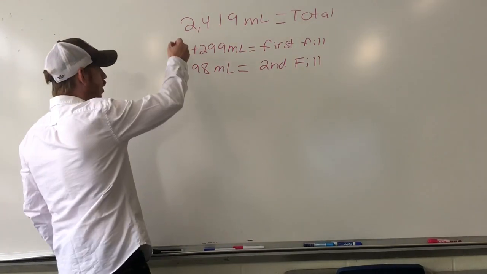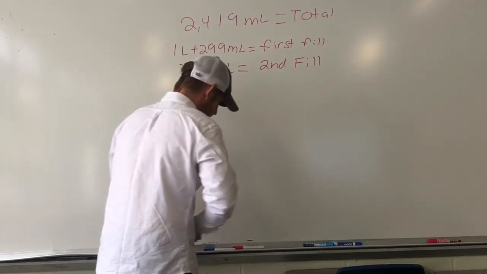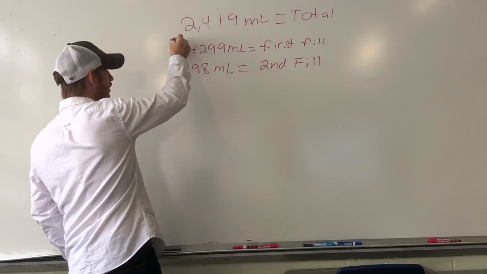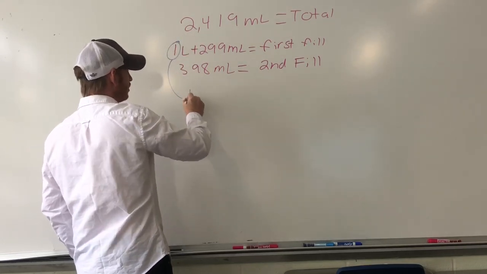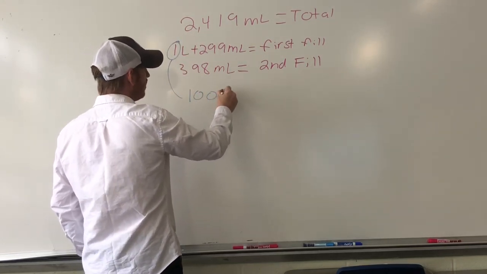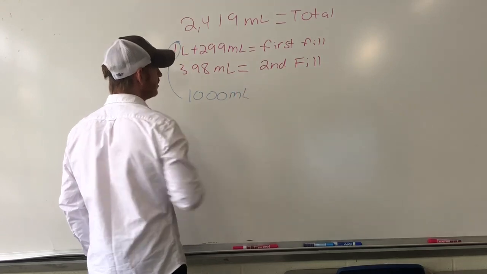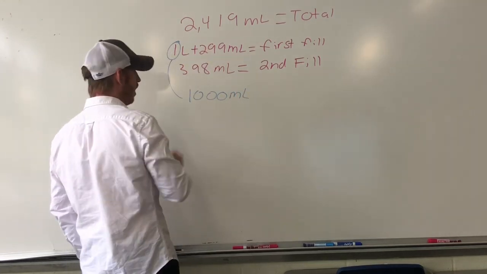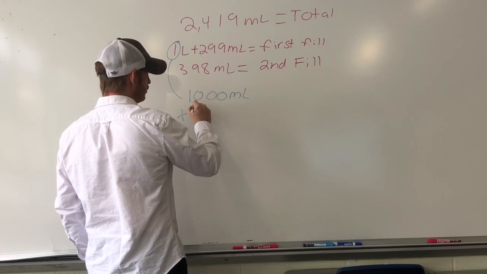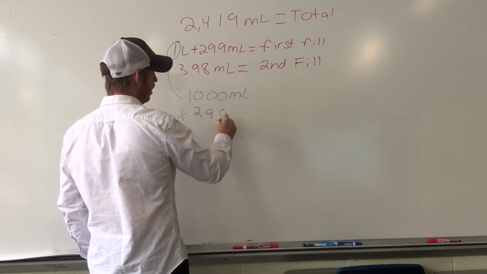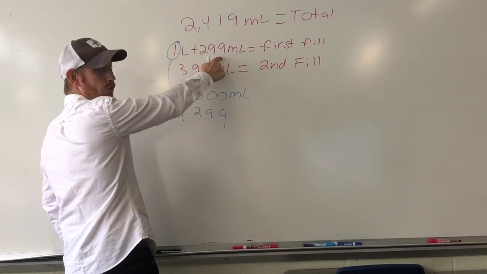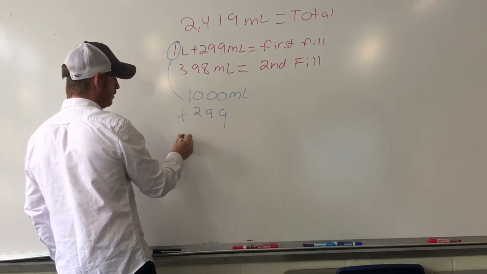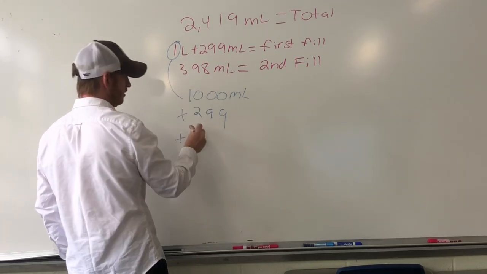So I know that 1 liter is equal to 1,000 milliliters. So we have 1,000 plus 299, because that's what we had left over here, plus 398.